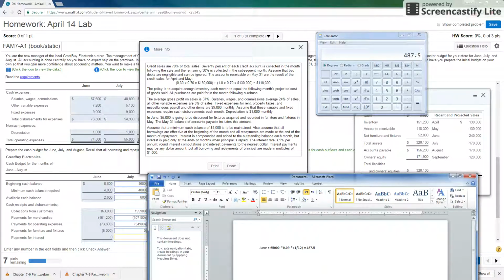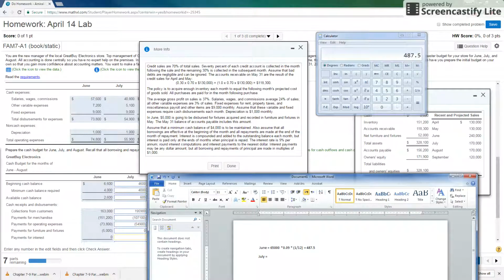So that's what I owe as an interest. But do I pay anything on the June as interest? No, we haven't paid anything on the June. So during the July, because the question says every repayment happened at the end of the month, we have to calculate the interest for the July as well.